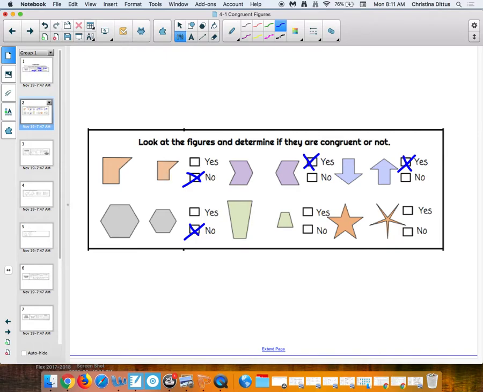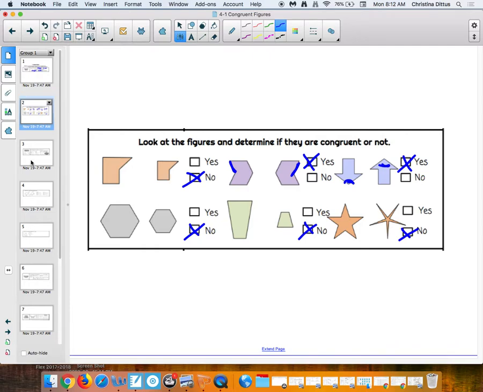How about the next one? No. And the last one? No. So congruent means I can match, like let's say I wanted to match this side to this side, okay? Or I can match this angle to this angle, okay? Stuff matches. So far so good?